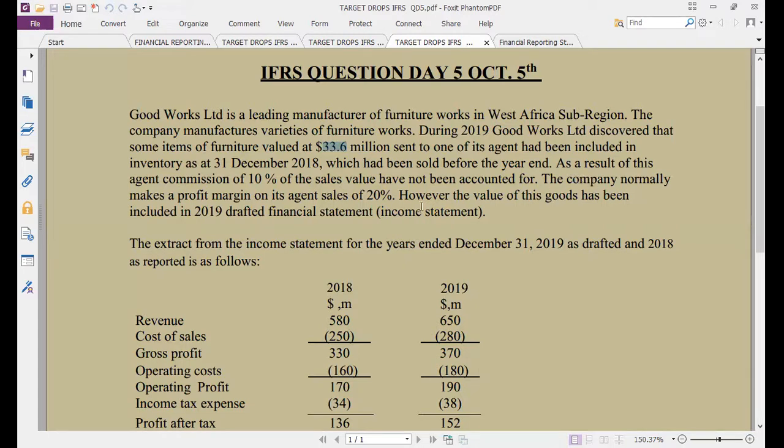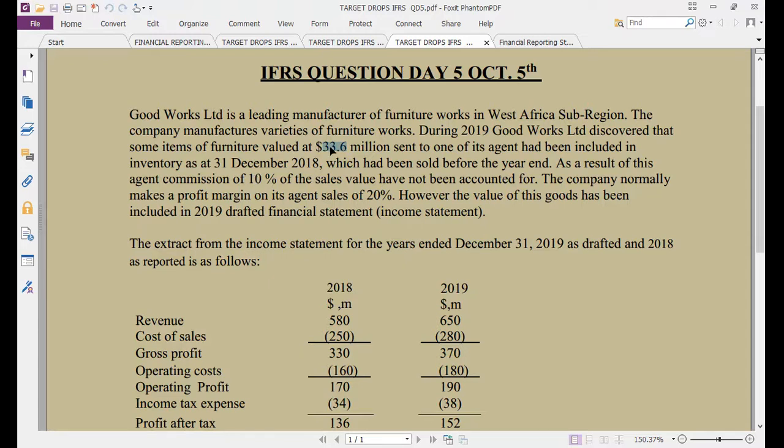The company normally makes a profit margin on its agent sales of 20%. So, you know, the cost of the goods is 33.6. Now we have to find a selling price so that we can find the agent commission of 10%. That is all.